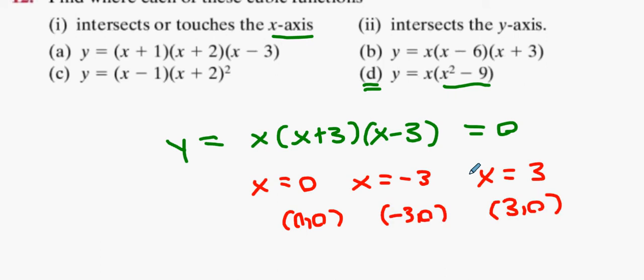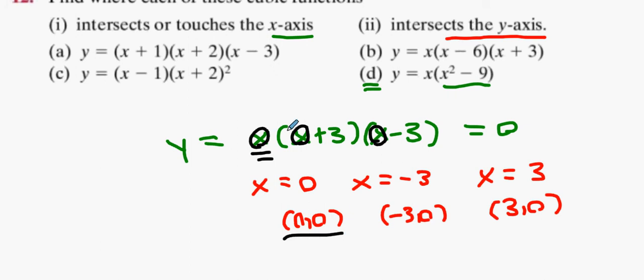Where does it intersect the y-axis? To intersect the y-axis, what do I need to do? We'll put x equal to 0. And what happens then? 0, 0, and we already have our answer, don't we? Here it is. It was always going to be 0, 0, wasn't it?